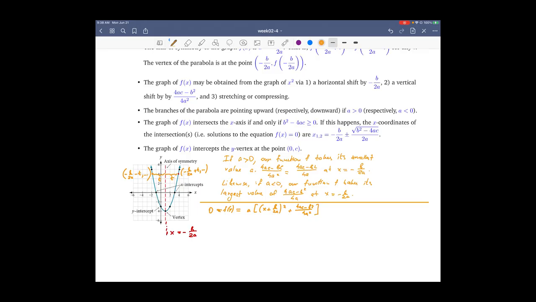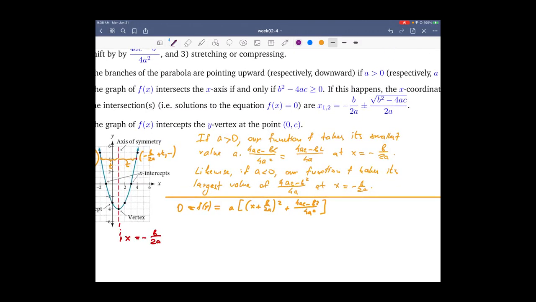When we equate this to 0, we immediately see that because by our convention, by our agreement, a is not 0, we can divide by a, and this will be equivalent to the expression in the brackets being 0.